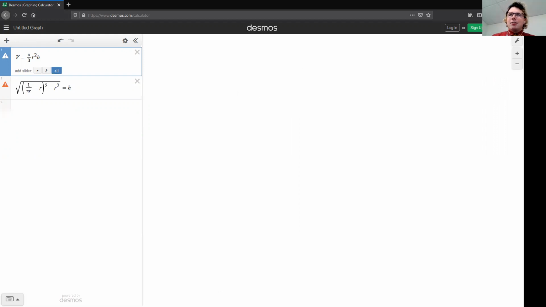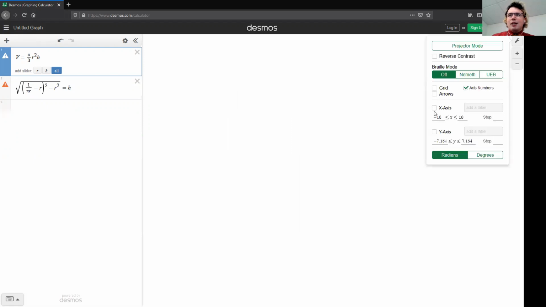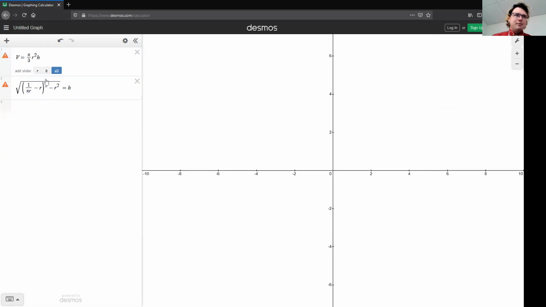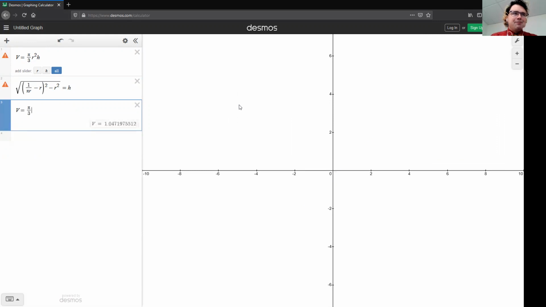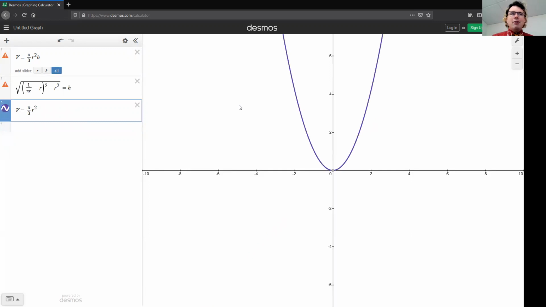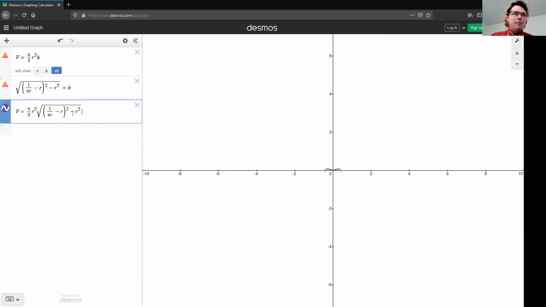Let me clear all of this, turn my coordinates back on. So my volume function will be equal to pi divided by 3 times r squared. Desmos knows that r is the independent variable, times this square root.